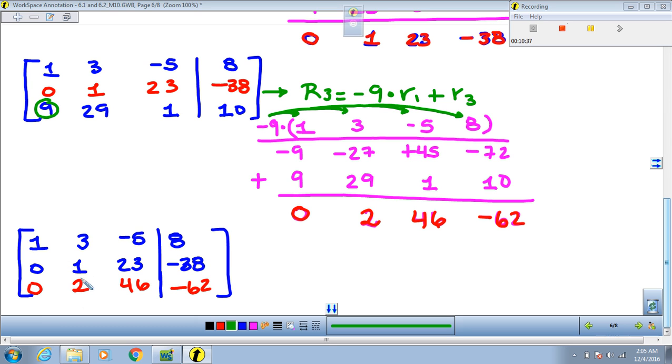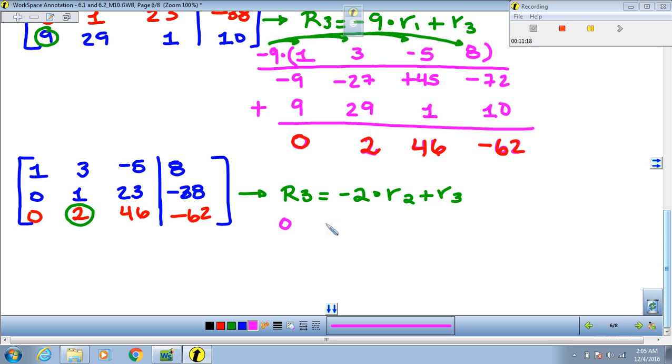So now the next thing is to make the 2 underneath that 1 a 0. So how are you going to make it? Well, now you're going to do row 3 again. You're going to do negative 2 times row 2 plus row 3. Why? Because negative 2 times the 1 that is on top of that 2 is negative 2. You add it to a positive 2, that's going to give you 0.